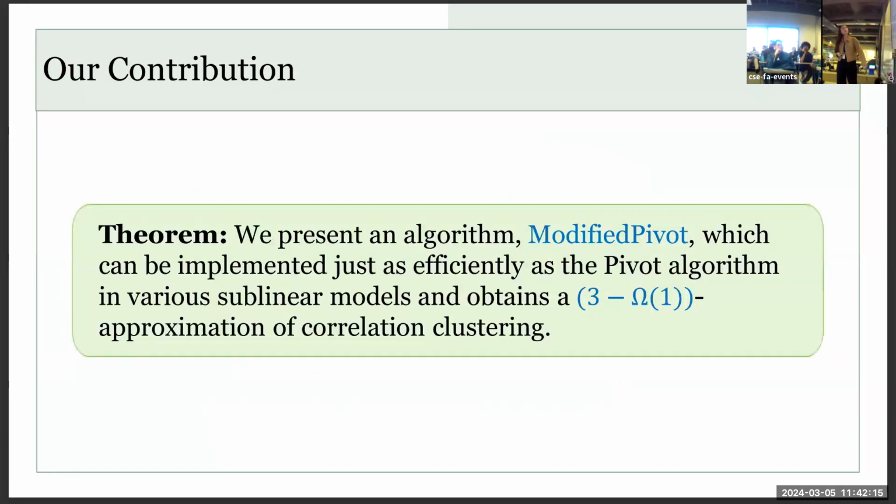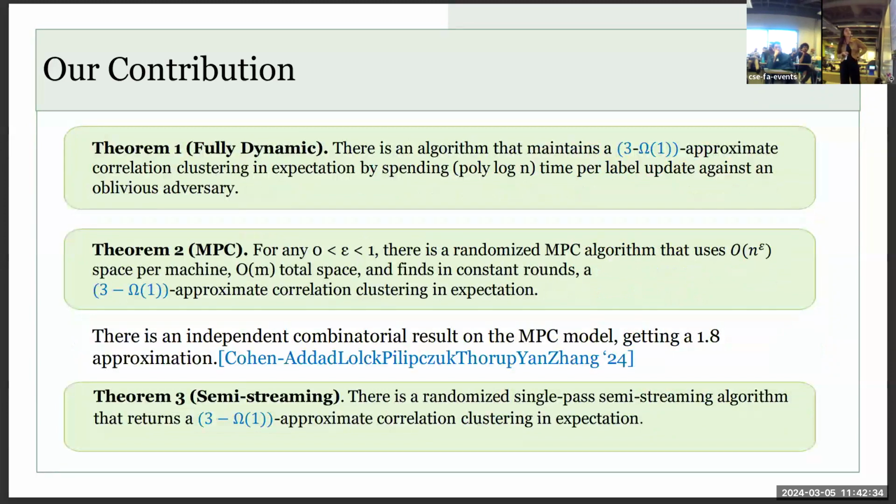Okay. So our contribution is that we provide a modified pivot algorithm, which is implementable in many sublinear models, and also gets a better than 3 approximation for correlation clustering. The sublinear models are fully dynamic.